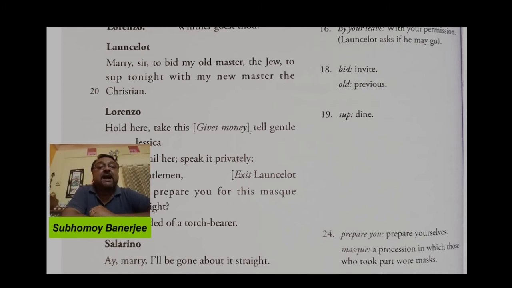He says, I am going to invite my old master, the Jew, meaning Shylock, to have supper tonight with my new master, the Christian, meaning Bassanio. So Lancelot has been given the task to invite Shylock by Bassanio. So he says that I am going for that.